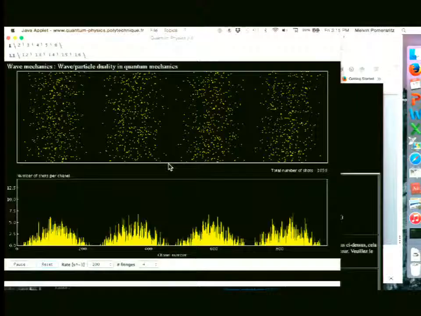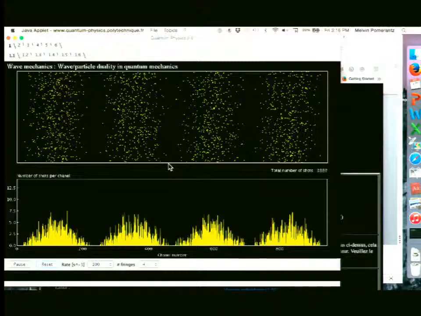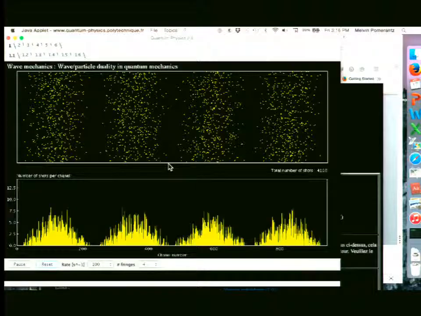So if you have a diffraction pattern, you'll have part of the wave traveling through one slit with some sine kr, and another part of the wave may split. Just like an electromagnetic wave, the electric field will split, passing through one slit, passing through another slit.